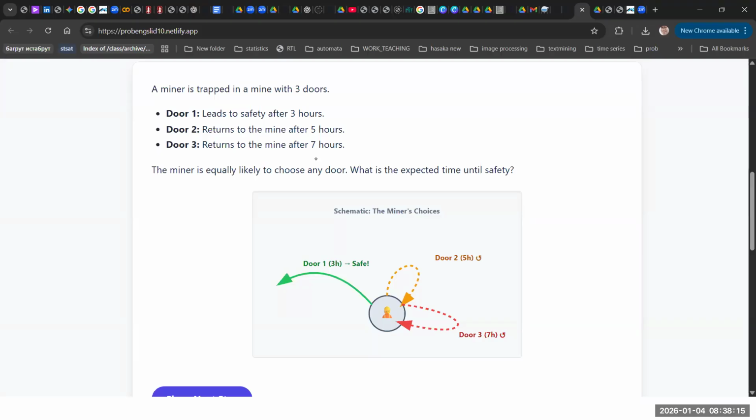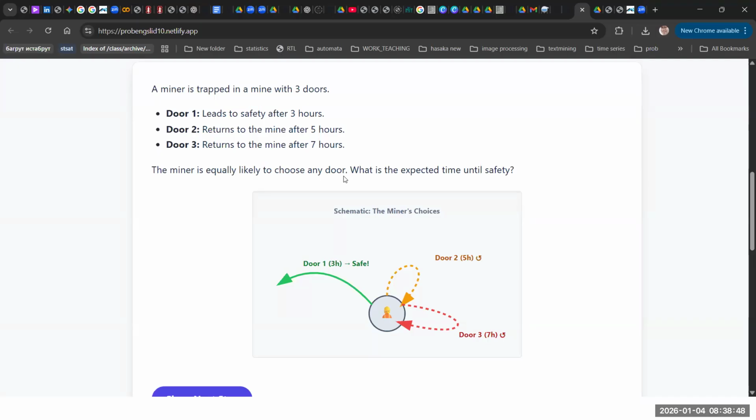Door number 2 returns him to the mine after 5 hours, and door number 3 returns to the mine after 7 hours. And this miner has Alzheimer's. He does not remember which door he chose. So every time he selects one of the 3 doors uniformly: 1/3, 1/3, 1/3. The miner is equally likely to choose any door.